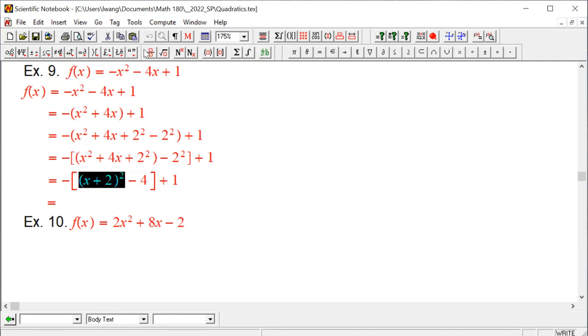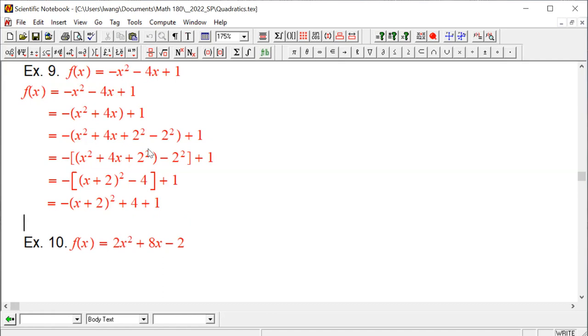Minus 4 multiplied by minus 1 is plus 4. And then you plus 1. So finally, you get the completed square done, and that's 5.